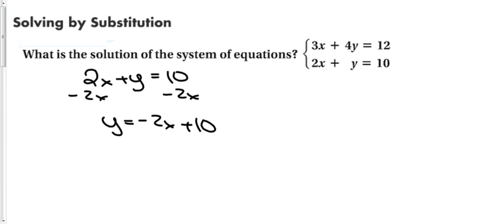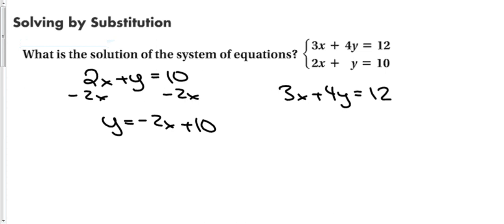Now, I'm going to rewrite my first equation: 3x plus 4y is equal to 12. The key to substitution is that I am going to replace y in this equation.